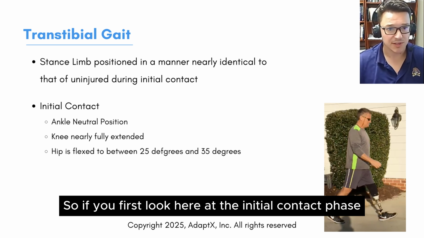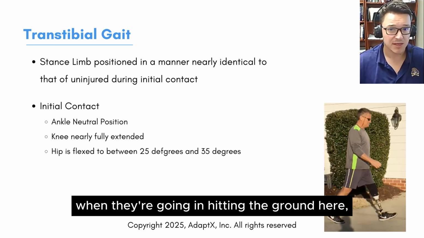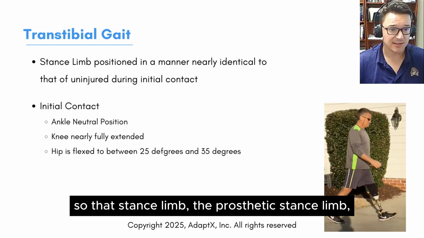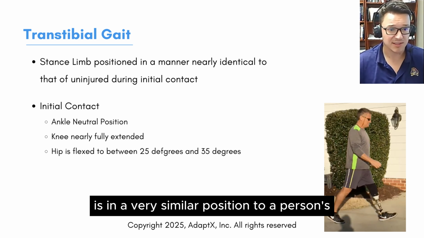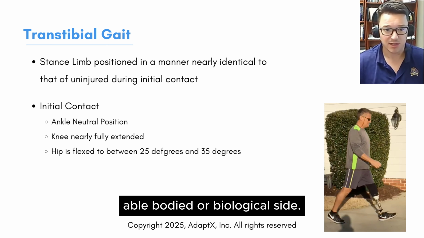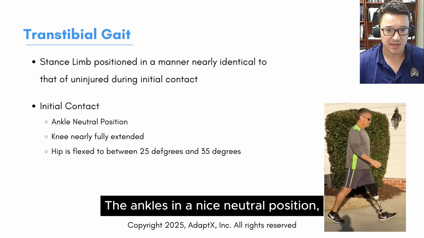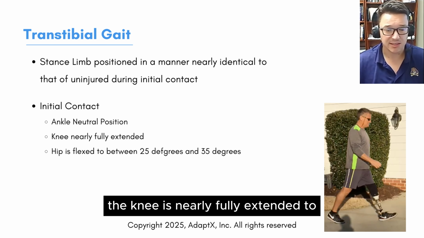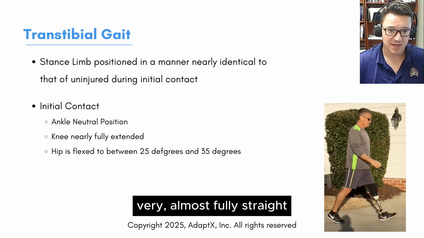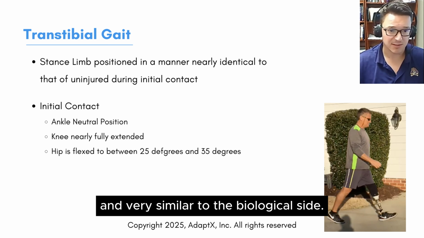So if you first look here at the initial contact phase when they're going in, hitting the ground here, that's the prosthetic stance limb, which is in a very similar position to a person's able-bodied or biological side. The ankle is in a nice neutral position. The knee is nearly fully extended to maybe slightly flexed, but almost fully straight and very similar to the biological side.